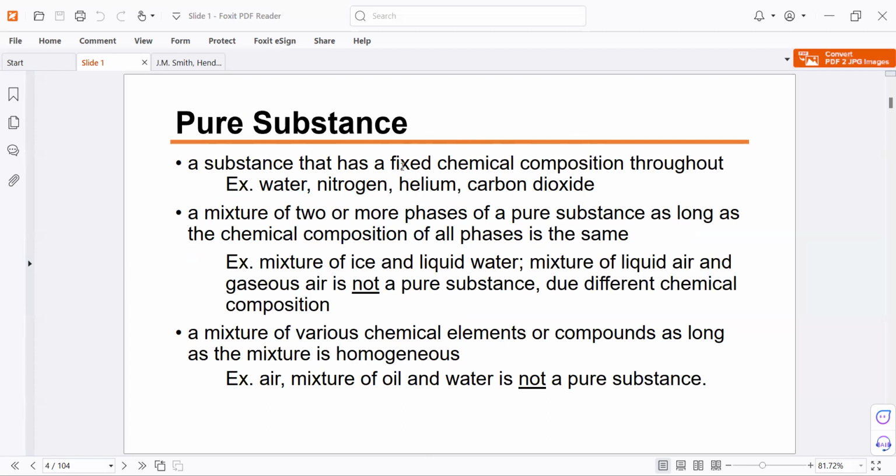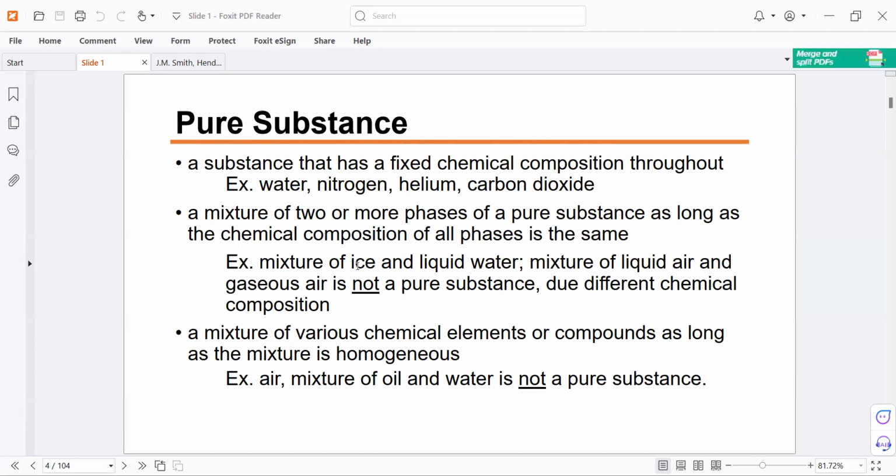It can also be a mixture of two or more phases of a pure substance as long as the chemical composition of all the phases is the same. For example, if we have a mixture of ice and liquid water, that is still a pure substance because even if there are two phases, the two phases are composed of water.